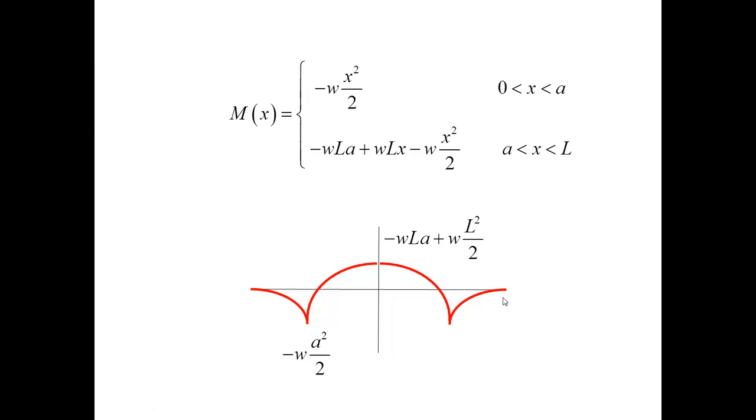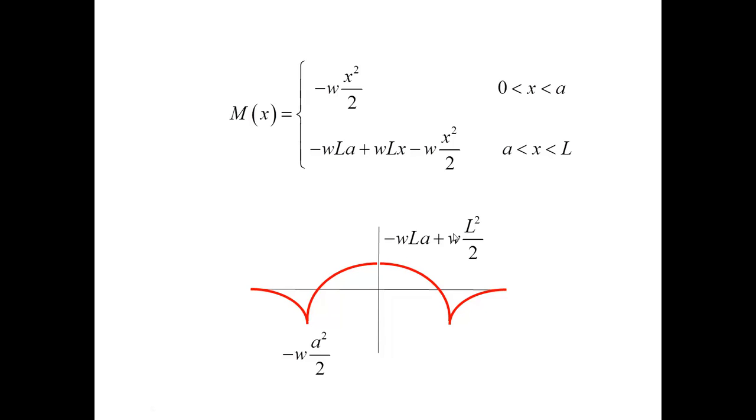At any rate, this function doesn't have any critical points, either between 0 and A or between A and L, and therefore the only points that I need to check are the endpoints. On the left, I have 0, then I have to compare the value at the roller, minus WA squared over 2, versus the value in the middle of the beam.